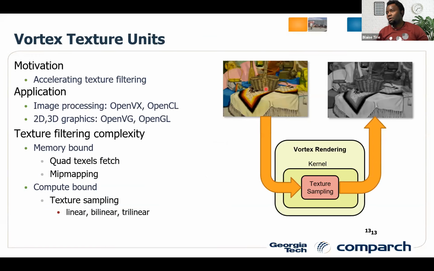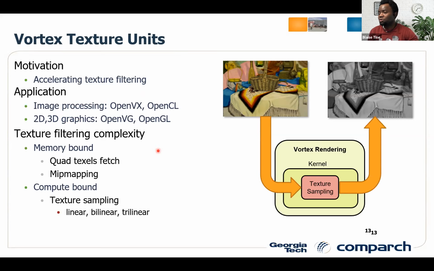The other hardware extension was the support for the texture unit. The texture unit is an important part of the modern GPGPU today because it is used for image processing as well as for 2D and 3D graphics. It's both a memory bound and a compute bound operation.